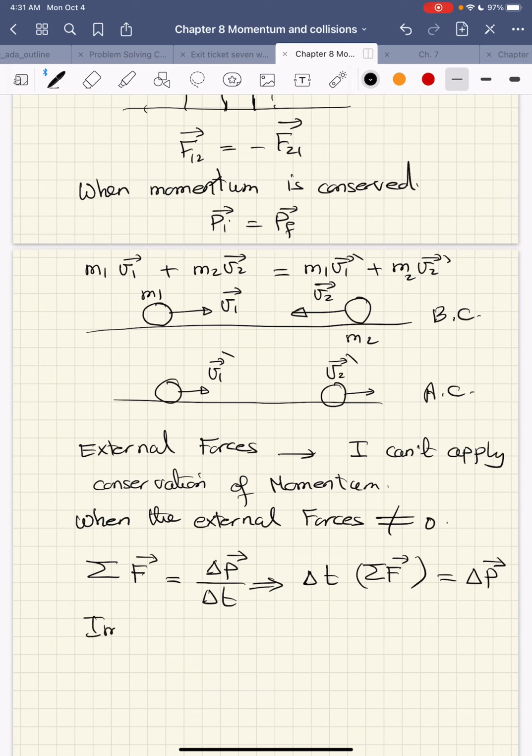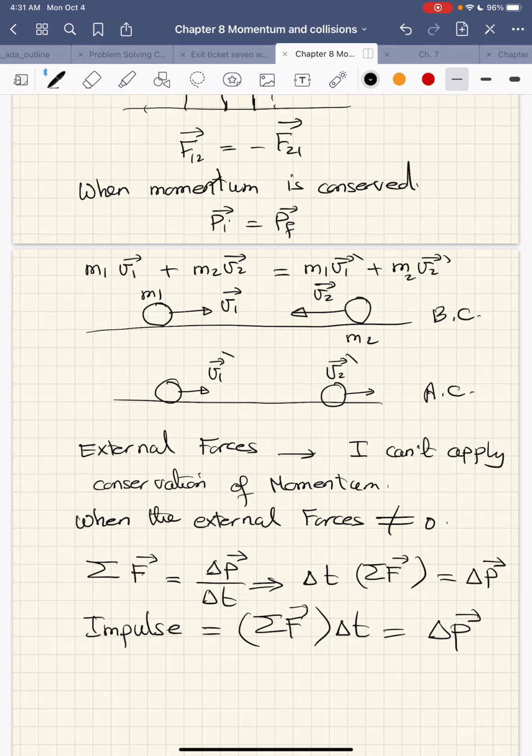I will call it impulse, and that impulse is sigma F, the force times time, and that equals change in momentum. Then the change in momentum equals impulse.